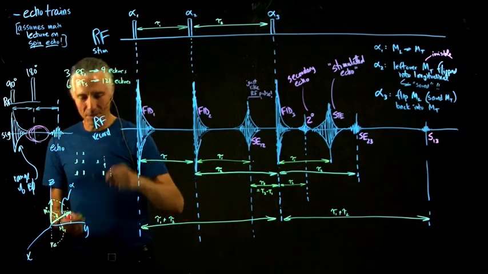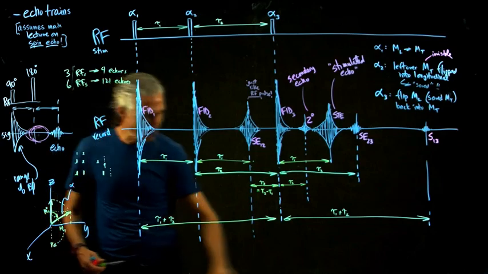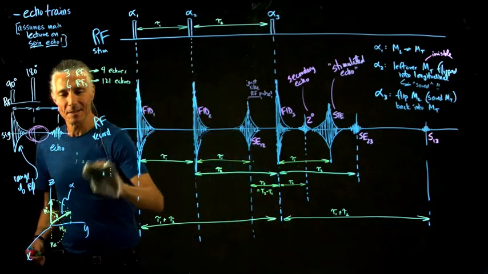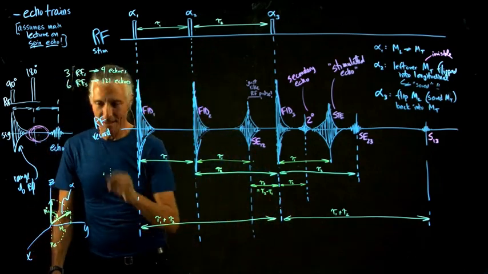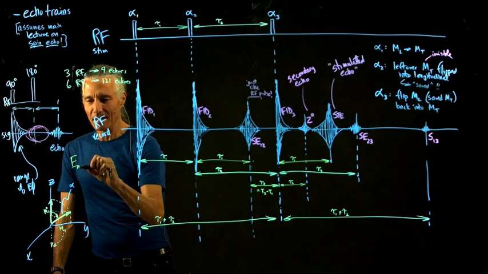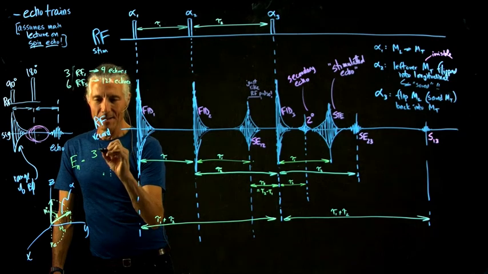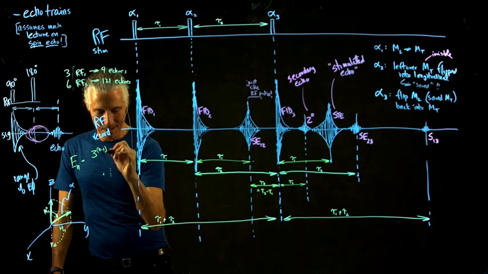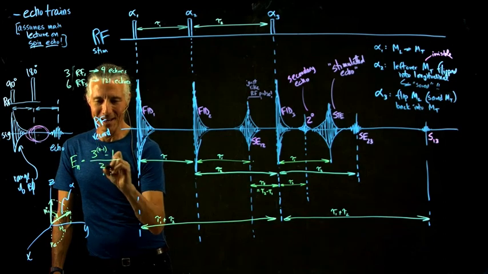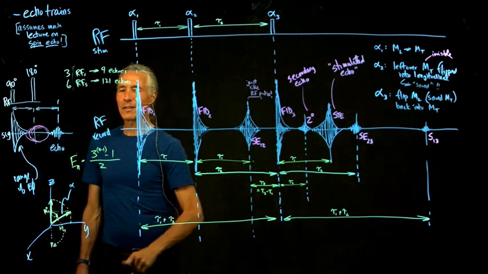So there's an equation for it, so we could just write down what that equation is. The echo equation: the number of echoes you get is equal to (3 to the n minus 1 power, minus 1) over 2. So that's how you calculate how many echoes.